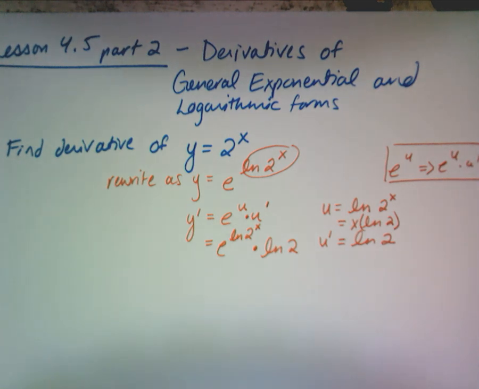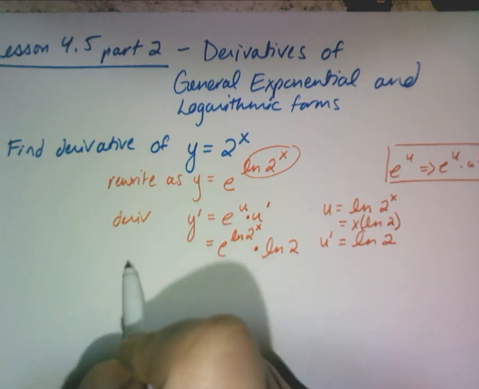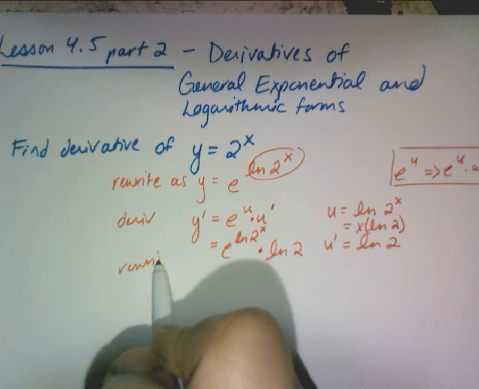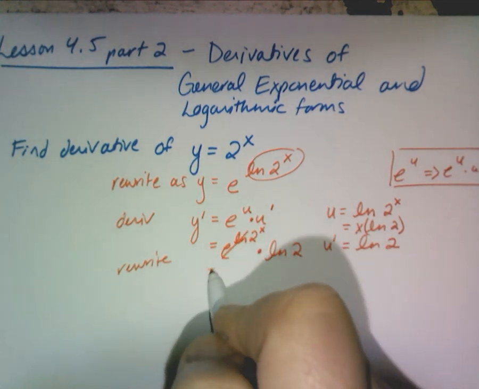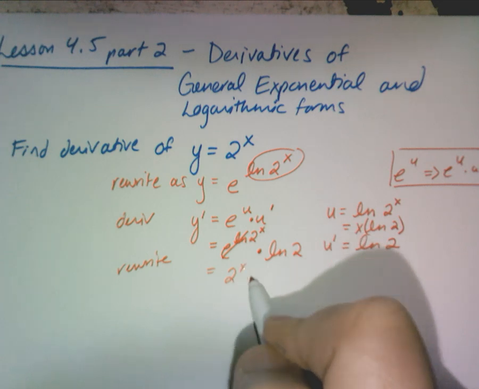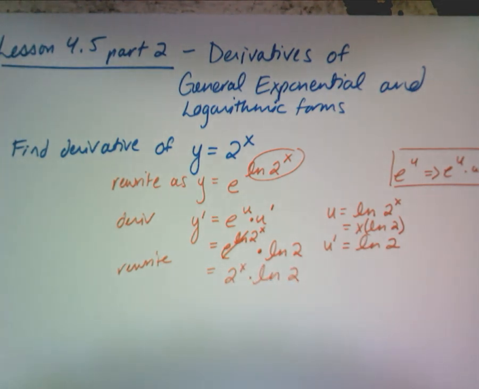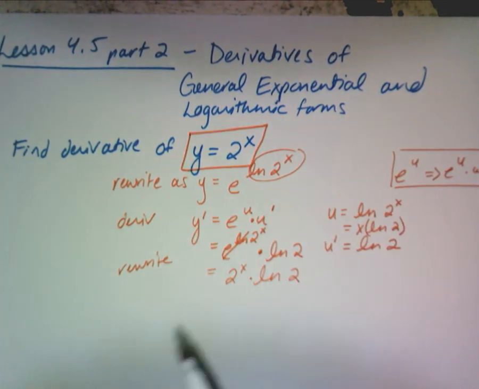And then the third step is, so they took a derivative. This third step is they actually just rewrite it again, and they cancel out that e and ln. And you get 2 to the x times ln 2. Now, how could you go from here, which was our original problem, to here?